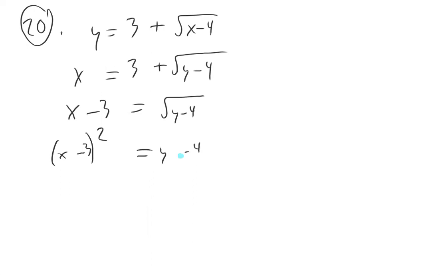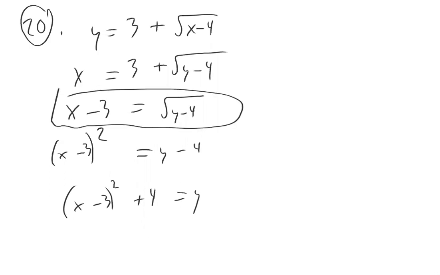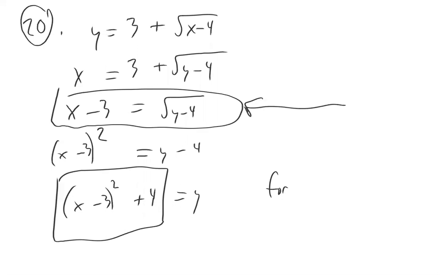Sorry, it's negative 4, so move the 4 over to the left side to become positive 4. So that's the inverse. And that inverse is only valid if the left side of this equation right here is positive. So this is your answer right here: f inverse of x equals that. But it's only valid for this as a square root that can only be positive, and so that means that x has to be greater than or equal to 3.